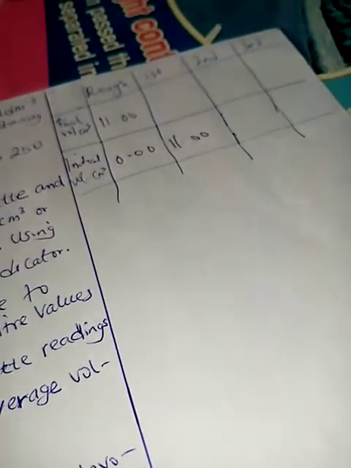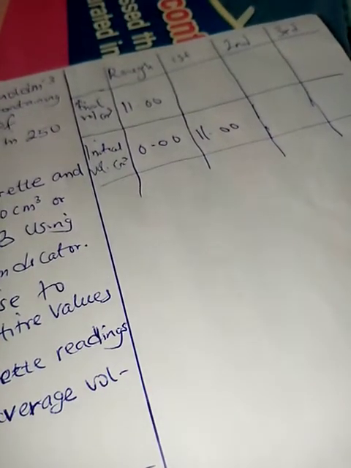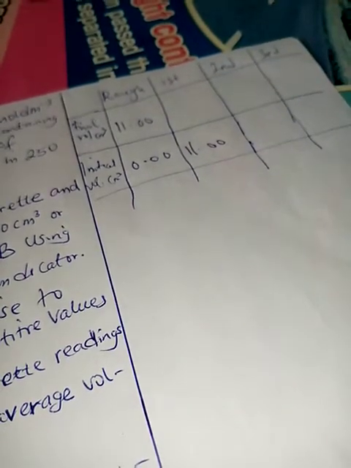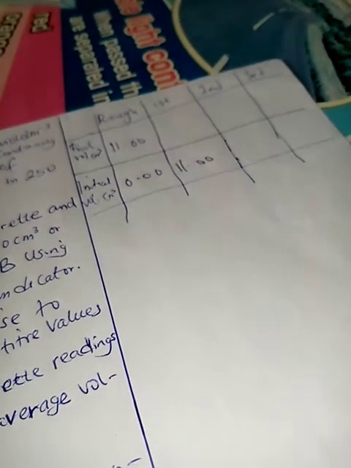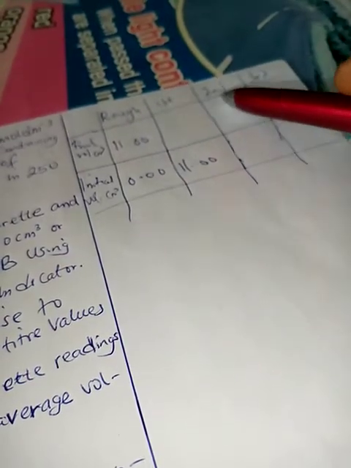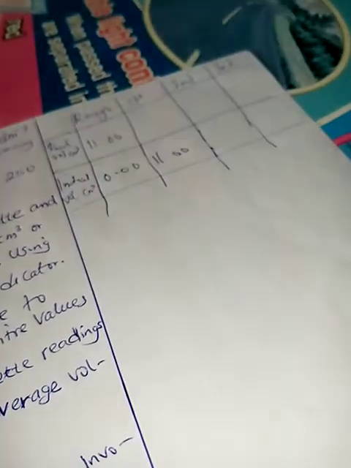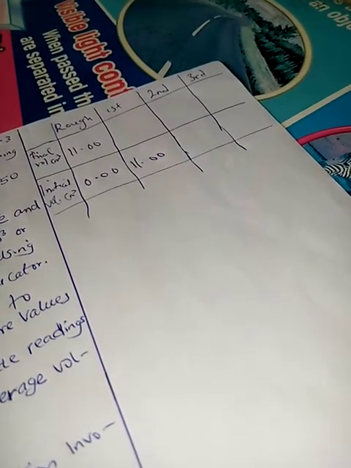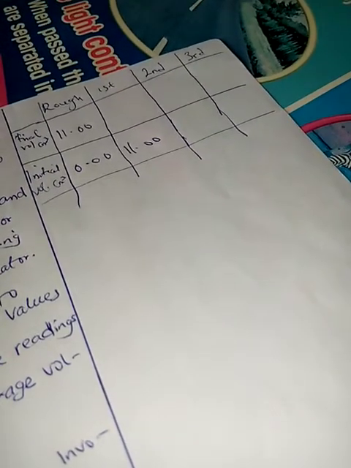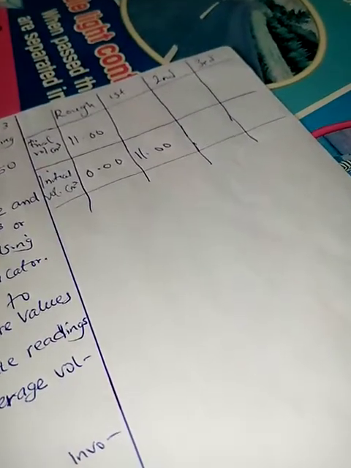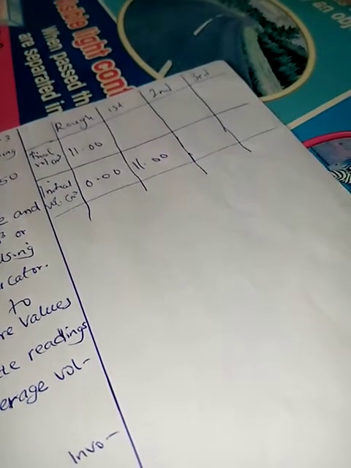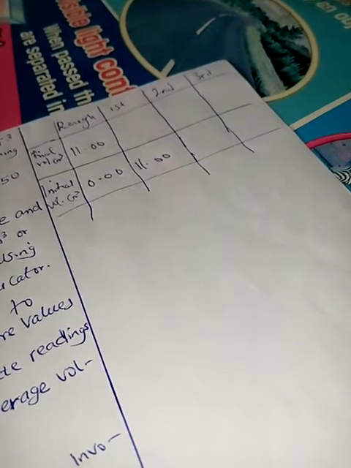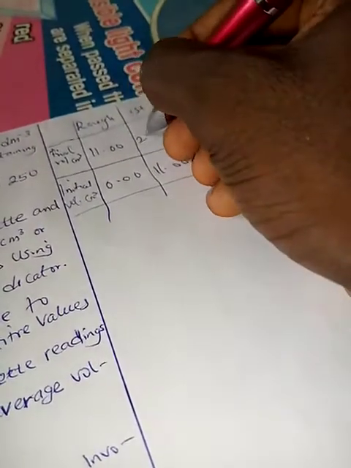Now, I remember I said that your burette is 50 cm cube, so we can still get up to 11.00 out of this. Now I want to make sure that my first, second and third readings are more accurate than the rough, so I can get something close to 10.5. So I'm going to add, let's say, 10.6 to 11. If I add that, I'm going to get 21.60.